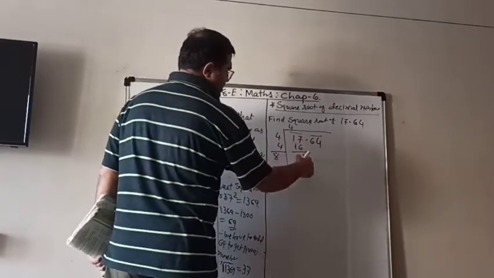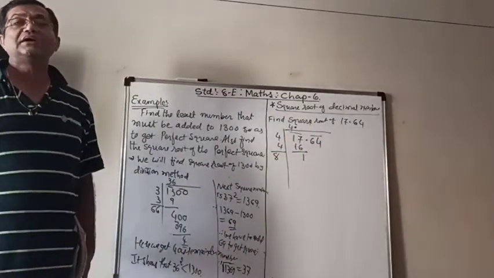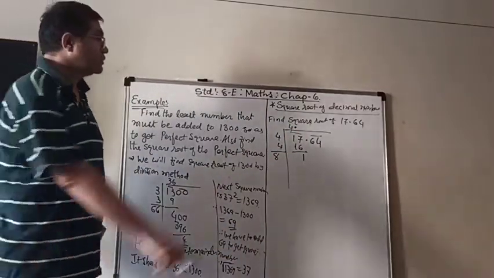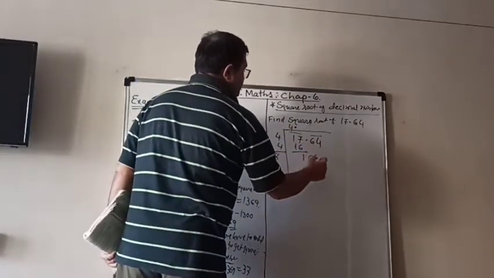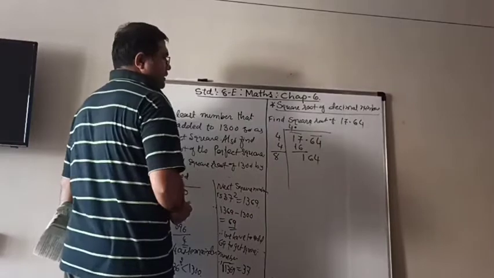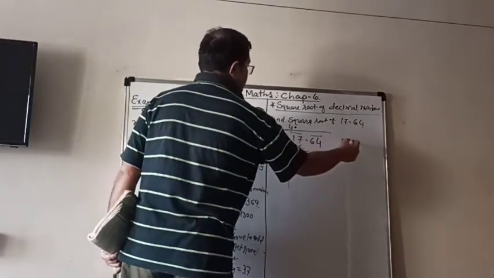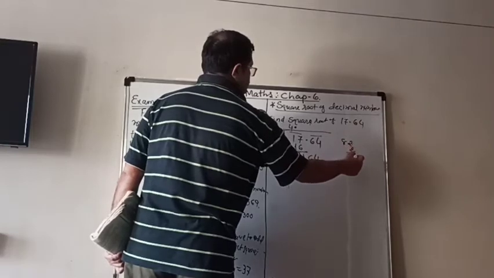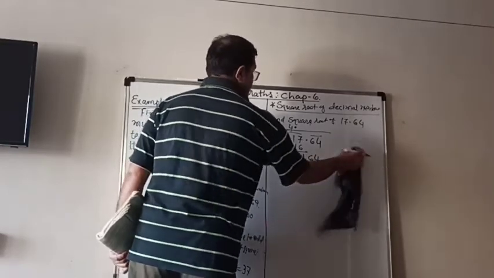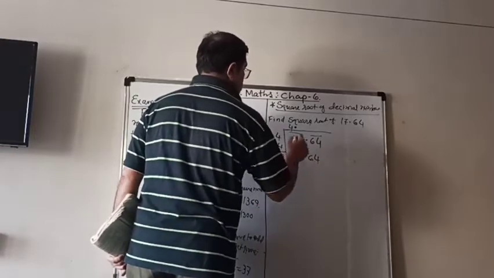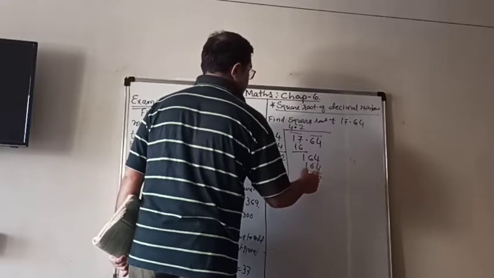Now here a decimal point comes, so we have to put a decimal point at the top also and bring the pair 64 down. Now check, 82 2s are 164, so we can take 82 2s are 164, and you get 0.